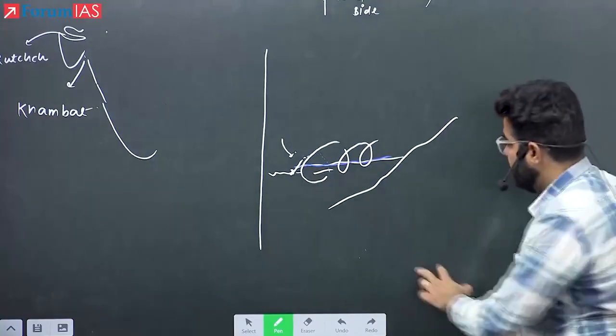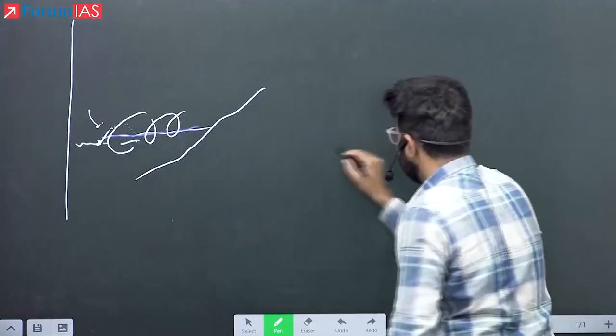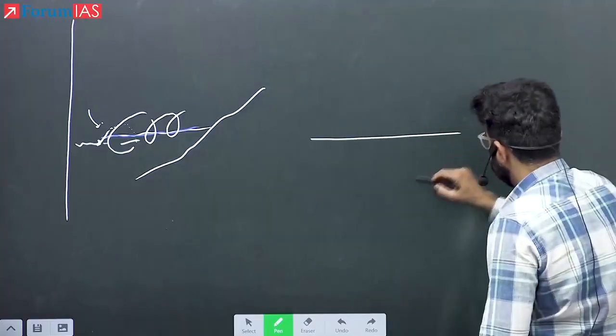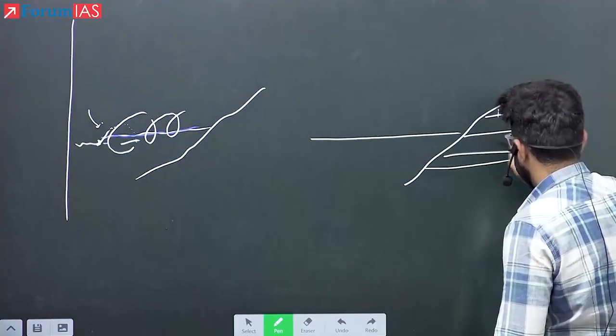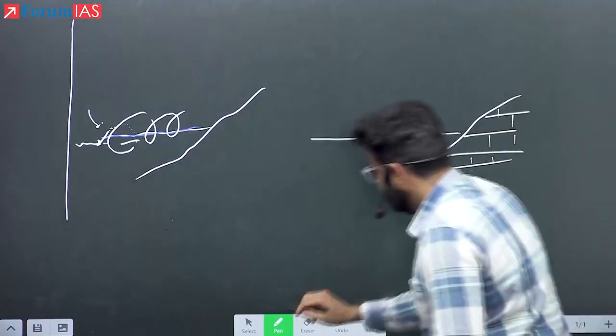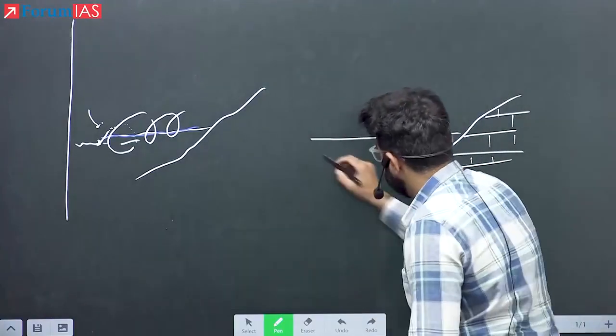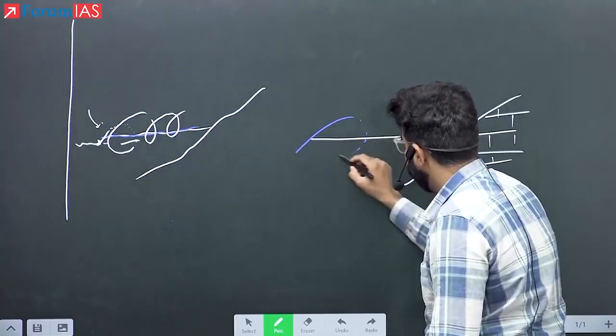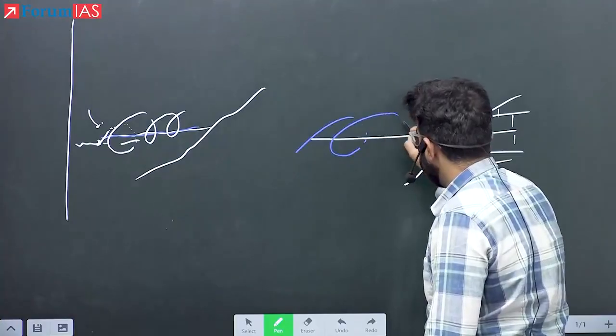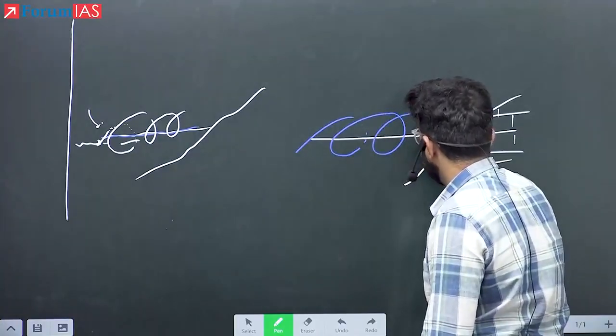Samajh mein aaya? Now see here, what is the important feature of a wave? For example, this is the continent. And here, let's say one wave is created. Let's say this is the wave. In this way, right?